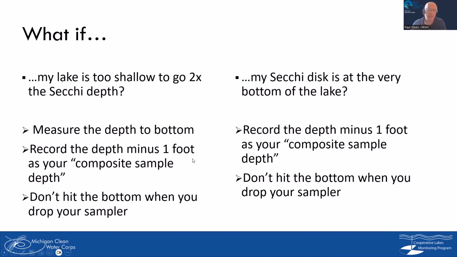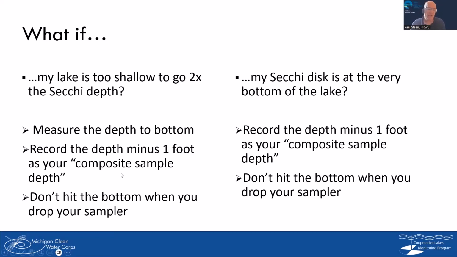So what you do in that case is your composite sample is the full depth of your lake, minus 1 foot. And the reason we don't want you to go to the very bottom is because we don't want you dropping your sampler to the bottom and causing a muck explosion, and then you're taking muck into your sample.